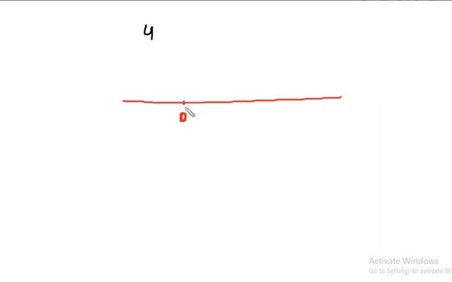This point represents 0, and then we take a unit distance like this much, and after that we cut the same unit distance on this number line, and this point represents 1. Then the same distance, this point represents 2, then 3, then 4, and 5.